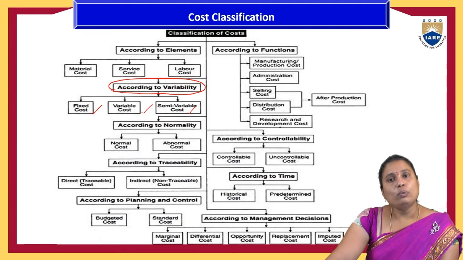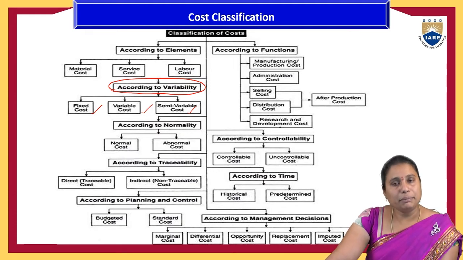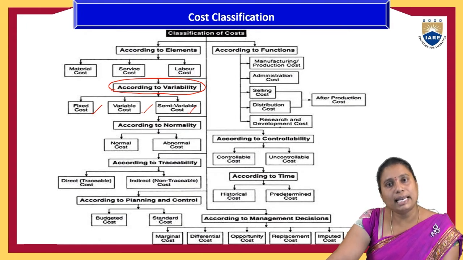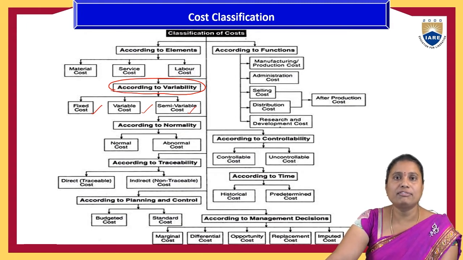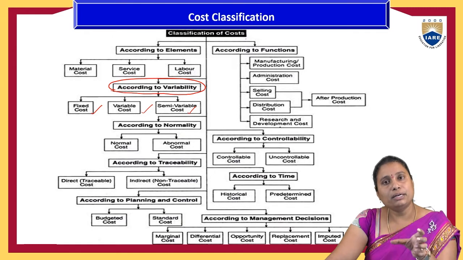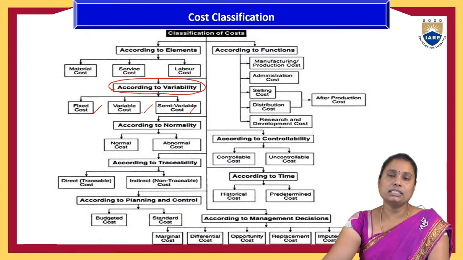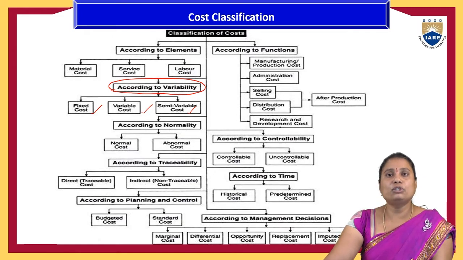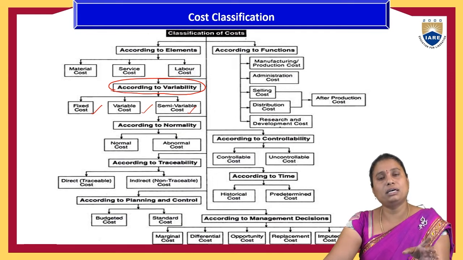The cost which changes as per the time period but not on the basis of the level of output is called the fixed cost. For example, in a particular unit, the organization is paying 10,000 rupees of rent for the products which are manufactured there.